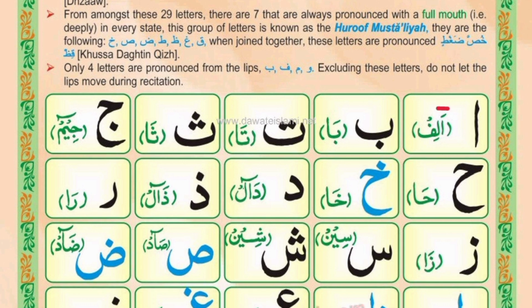First of all, I touch the right side of the tongue against the roots of the molars. Dad, dad. I am touching the right side of the tongue against the roots of the teeth on the upper side.